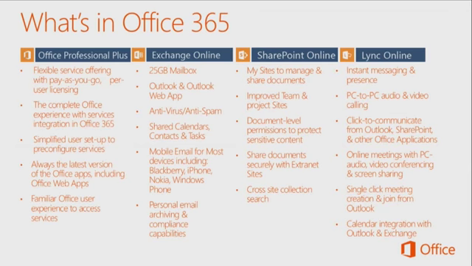Okay, so back to the slides here. What's in Office 365? Office Professional Plus. This can be delivered in a couple different ways. It can be pay-as-you-go. It can be delivered as a service. If you need Word, it's automatically streamed to your PC. You can download the full client onto your PC.